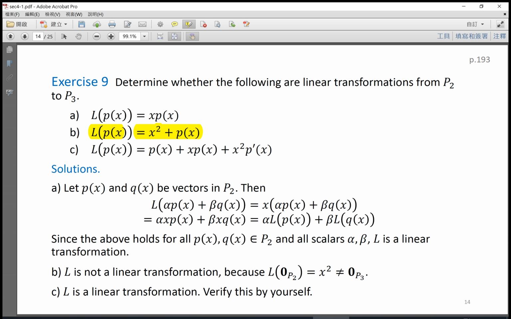Such a mapping is not a linear transformation because L of the zero vector in P2 equals x squared. x squared is a non-zero constant polynomial in P3, which is not the zero vector in P3, and therefore L is not a linear transformation.